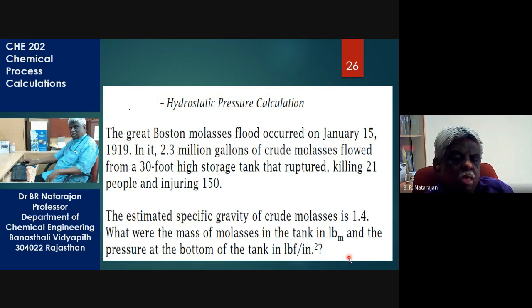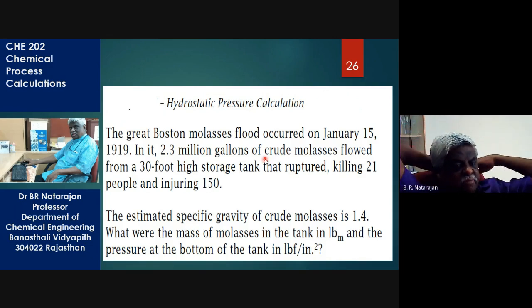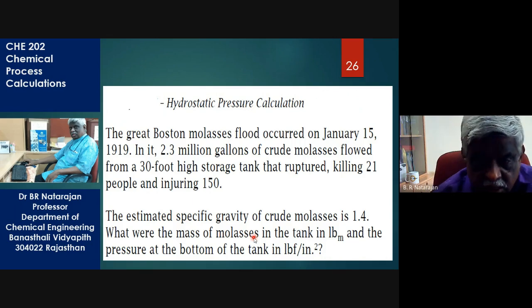One thing we know, given the specific gravity of crude, we can find the density of crude because nothing is given, reference will be water, so we can find the density of the crude molasses, and from the density, we have some volume here, 2.3 million gallons of crude means so much volume of crude molasses. So knowing the density, we can find the mass of molasses. So our idea is clear.